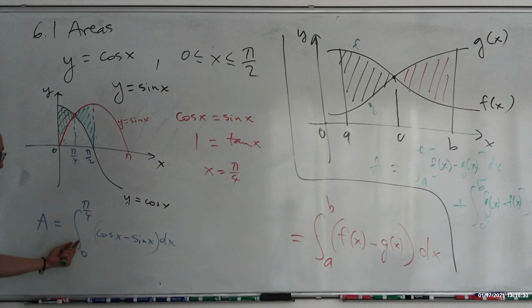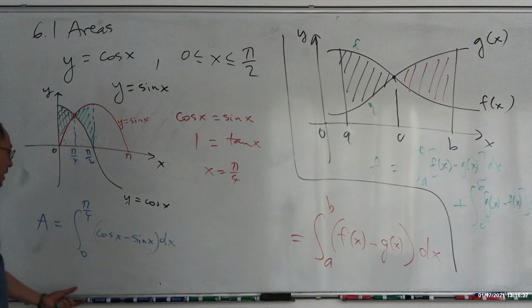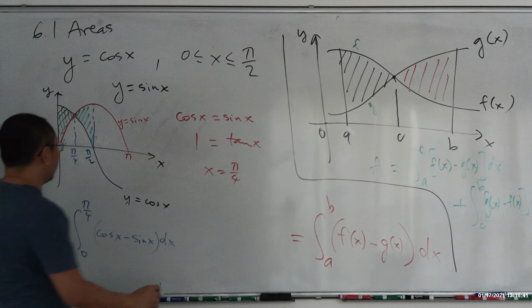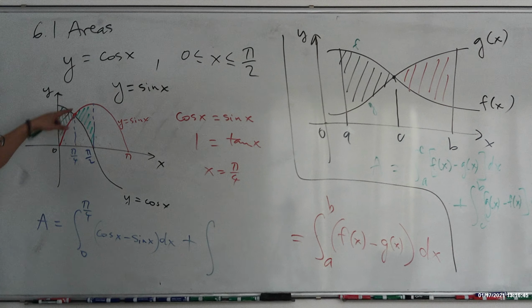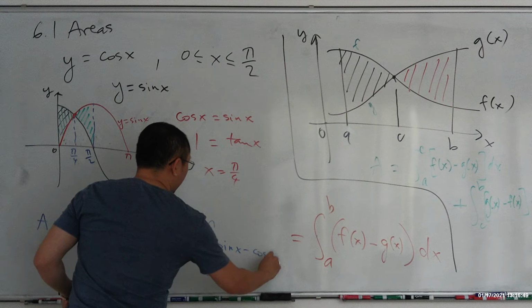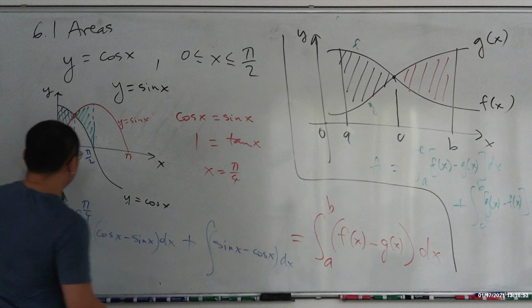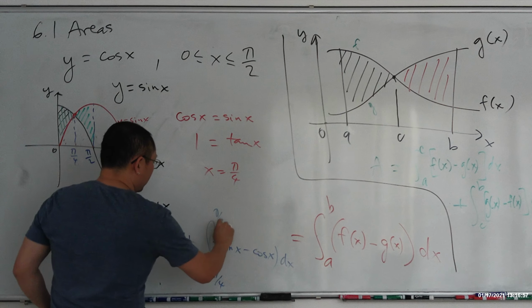And of course you can integrate that. Integral of cosine is sine, integral of negative sine is cosine again, so sine minus cosine, pi over 4 to 0. And then the second part is the integral where sine is on top, so sine x minus cosine x dx, but the integral is not from 0 to pi over 4 anymore. It's going to be pi over 4 all the way to pi over 2, and you have the answer.